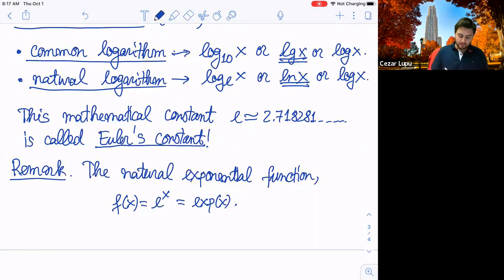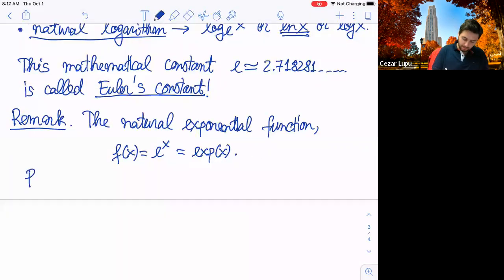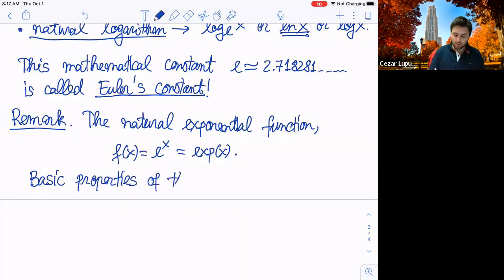And now, let's see, basic properties of the natural logarithm.